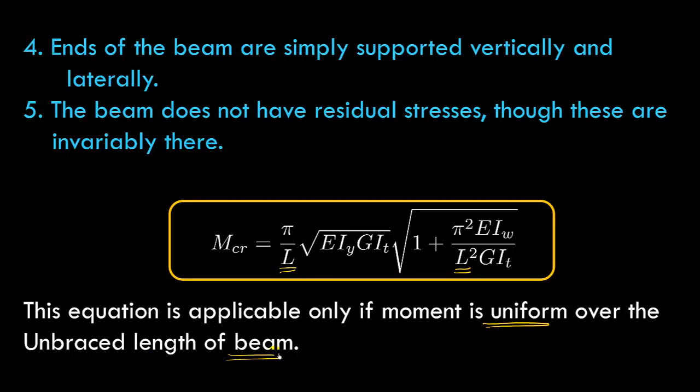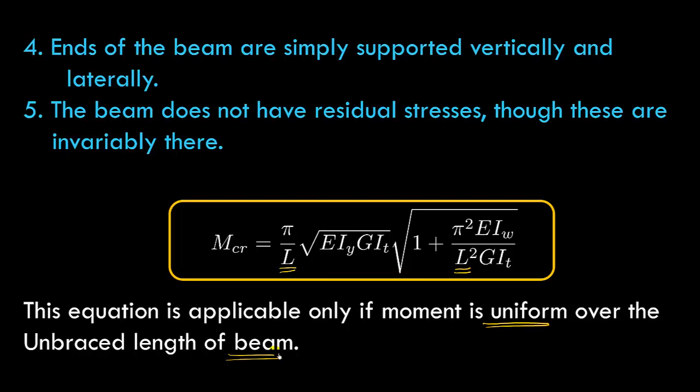This theory makes many assumptions that often get violated. For example, moment is not always uniform; it can have different kinds of distribution. So we have to account for all these imperfections or violations of the assumptions, and we need to modify the expression for the critical moment for lateral torsional buckling.